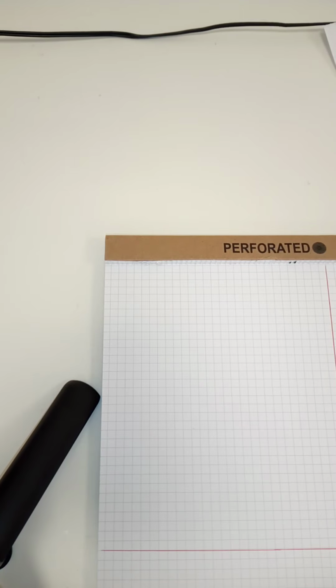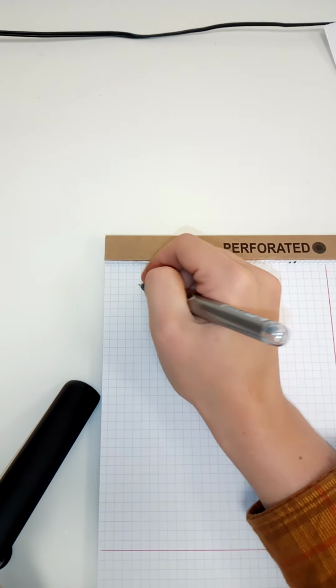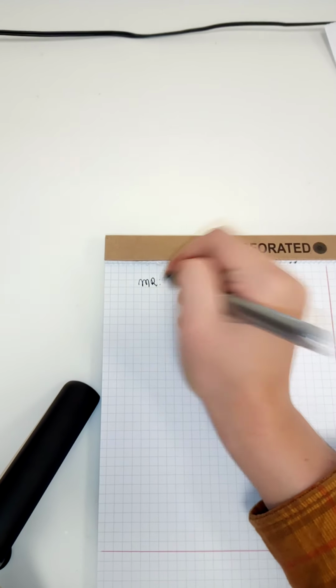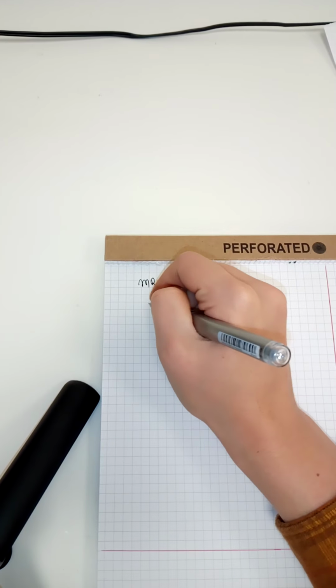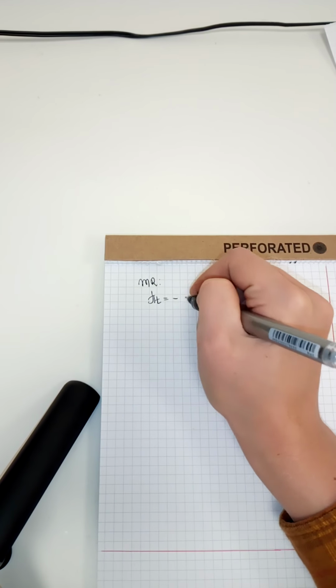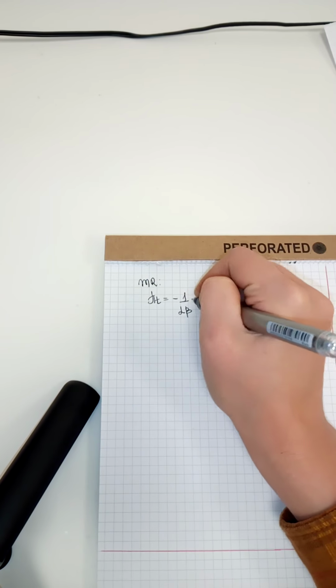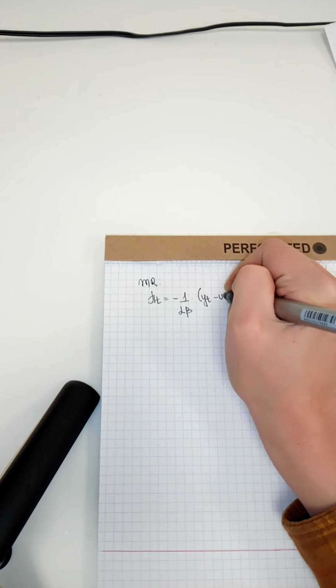Okay, so since we have finished monetary rule, a final component of the three-equation model, we can summarize. The monetary rule is represented by the following equation, where pi t is equal to minus 1 over alpha beta times yt minus ye.